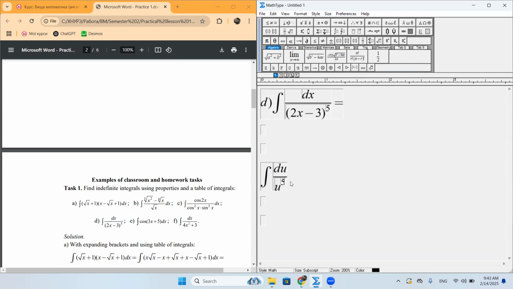Yeah, we know such an integral and we can calculate it. But yeah, it looks a little bit another way. So we need to transform it to such an integral. So your ideas, how to do it?